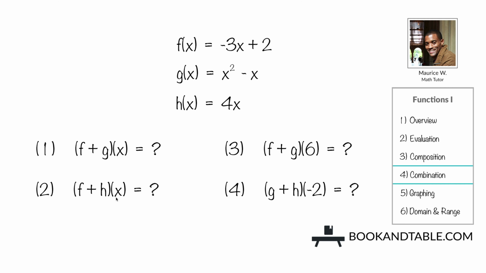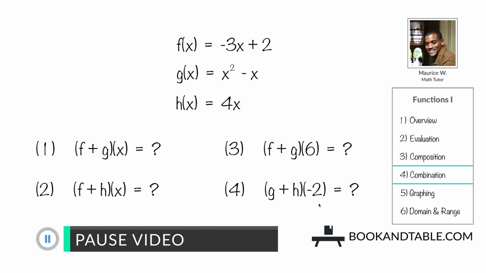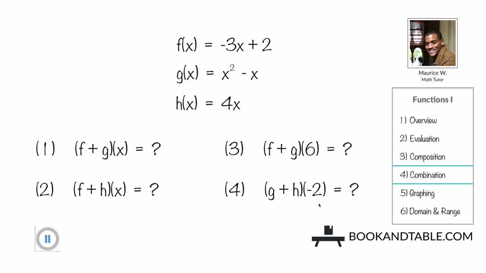F plus h of x is equal to what? Question number 3. f plus g of 6 is equal to what? In question number 4, g plus h of negative 2 is equal to what? Pause the video, answer these questions, and then press play when you are ready to begin.